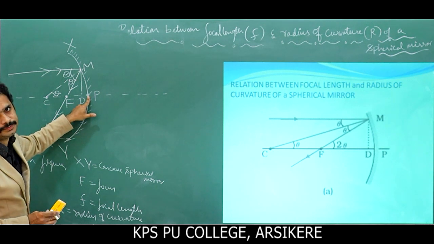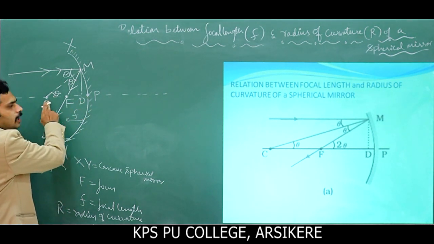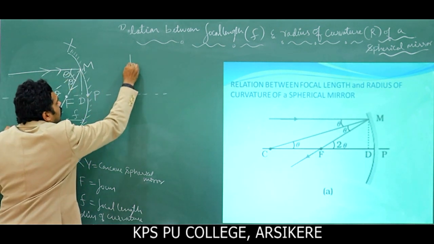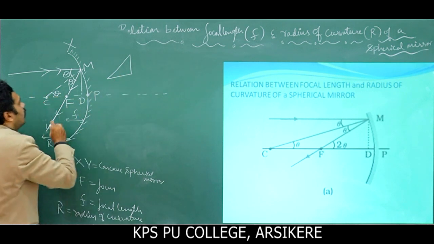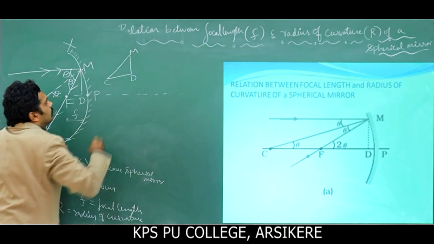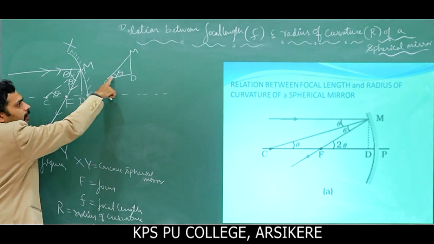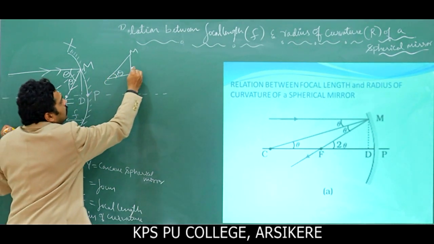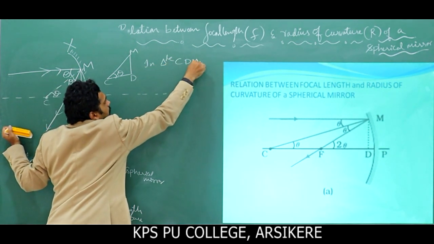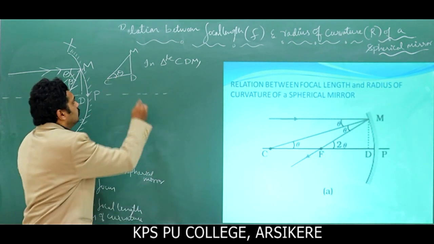D is very close to P. Now I am using the right angle triangle CDM. In this right angle triangle, theta is the angle. In triangle CDM, use tan theta.